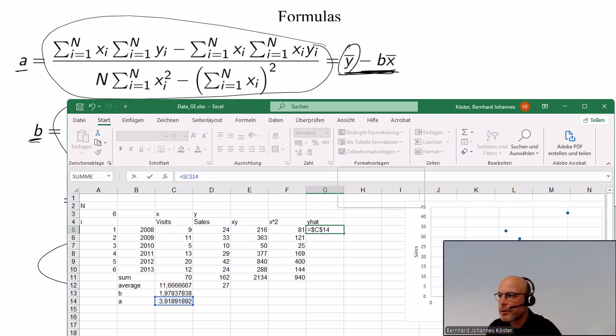I put the dollar sign in front because I want to copy my formula downward, and this fixes my parameter A. Oh, sorry, it is the other way around. B is my slope.